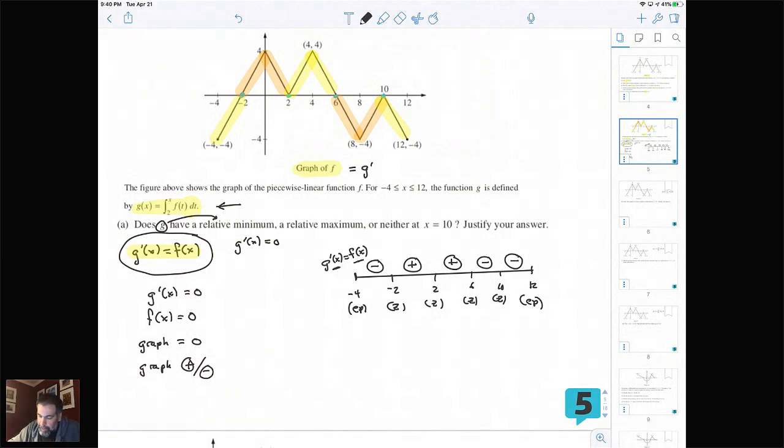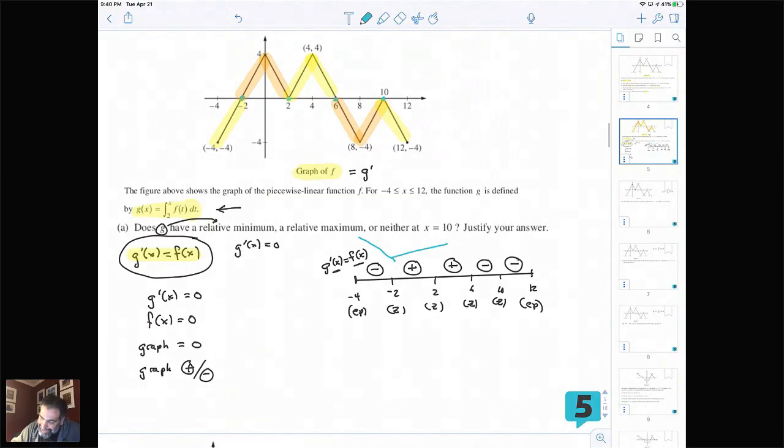Okay, so based on this, I can now draw a line graph of G. My line graph of G is going to be decreasing, then increasing, and then this is where it gets interesting because I continue to increase, and then at 6 I decrease, and then at 10 I continue to decrease. And this is a line graph of G of x. So the question asked, do we have a relative minimum, maximum, or neither at x equals 10?